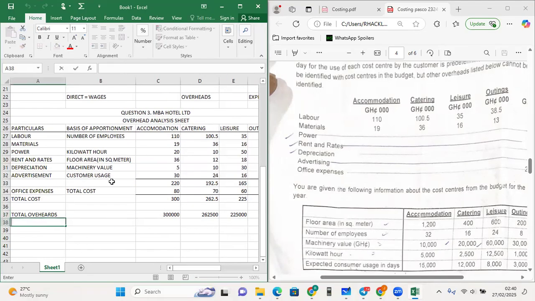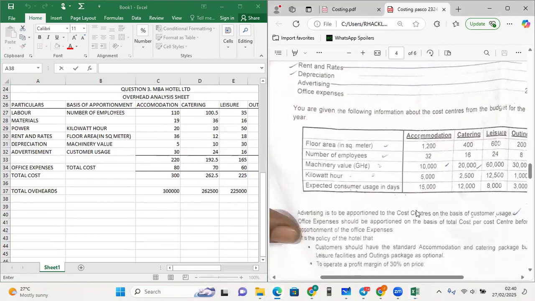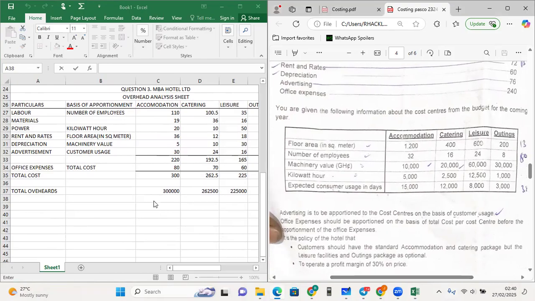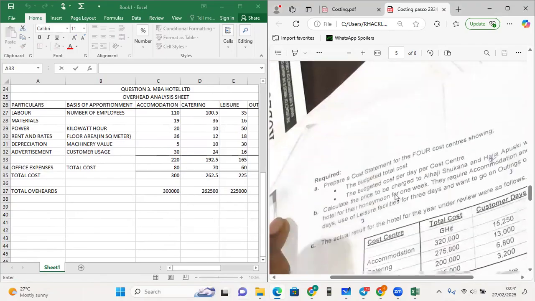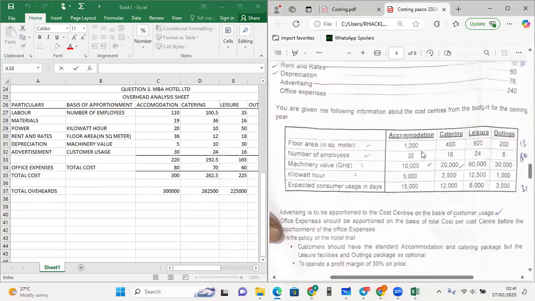So now you do this by using the expected customer usage days, right? That's what we are going to use as a base of apportionment to know the cost per day, because the question is telling us to find the budgeted cost per day per cost center. We have to use this one.